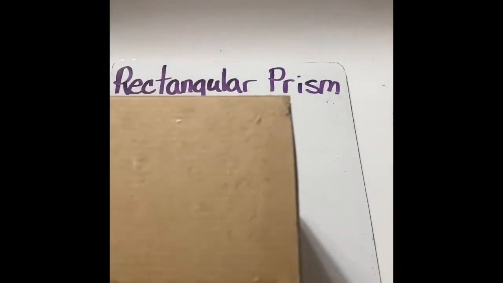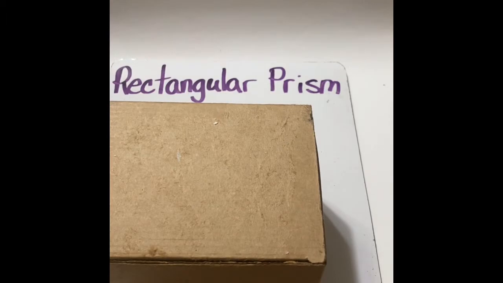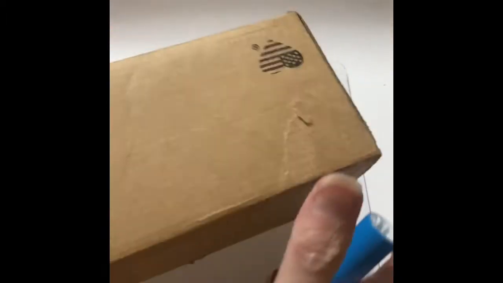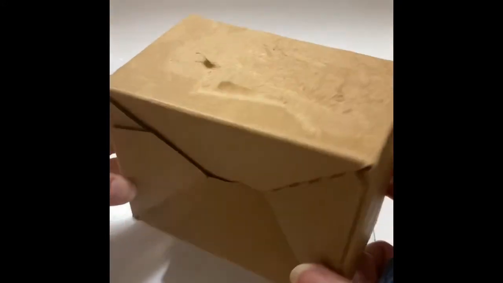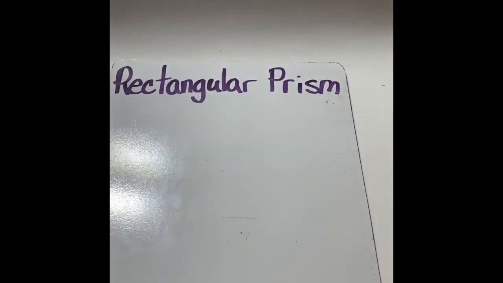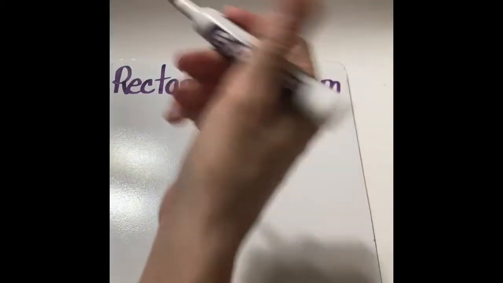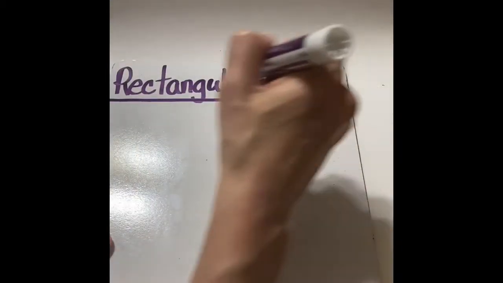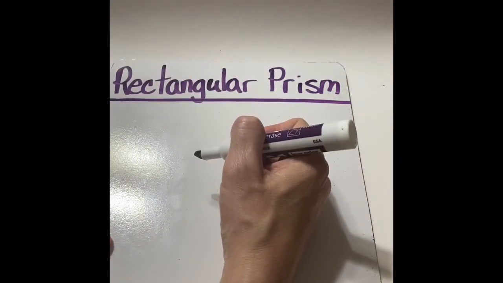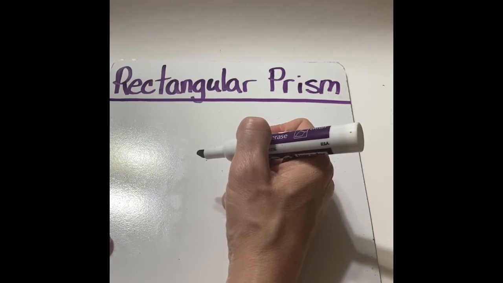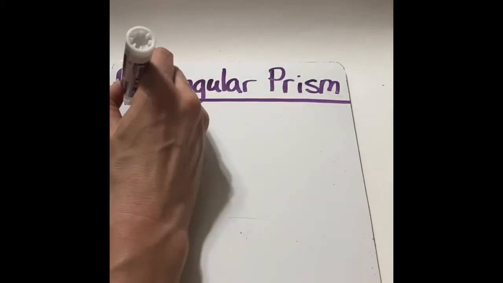The next one we're going to go over is a rectangular prism. Here I have an example of a rectangular prism. It's a box. A rectangular prism and a cube have the same types of attributes, but they're made up of different shapes.